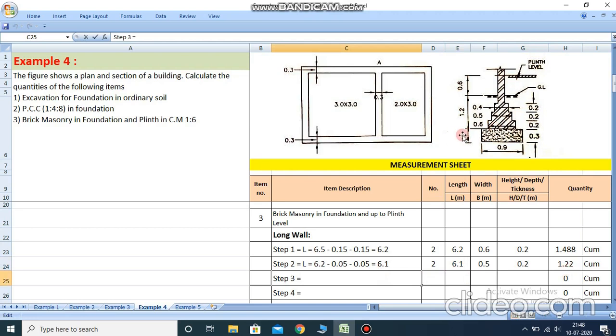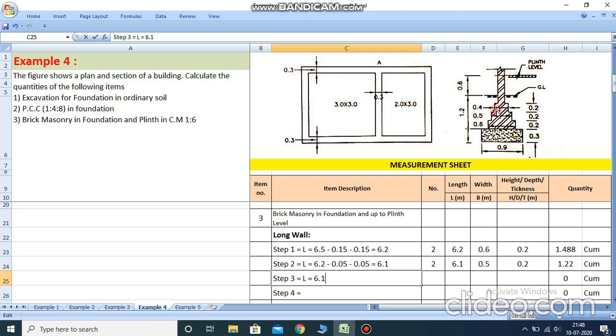Clear? Now for step 3, see this cursor point, 0.4 meter width is step 3. So the total length is equal to 6.1, which is already calculated in step 2, minus the difference of this 0.5 minus 0.4, the difference is 0.1.